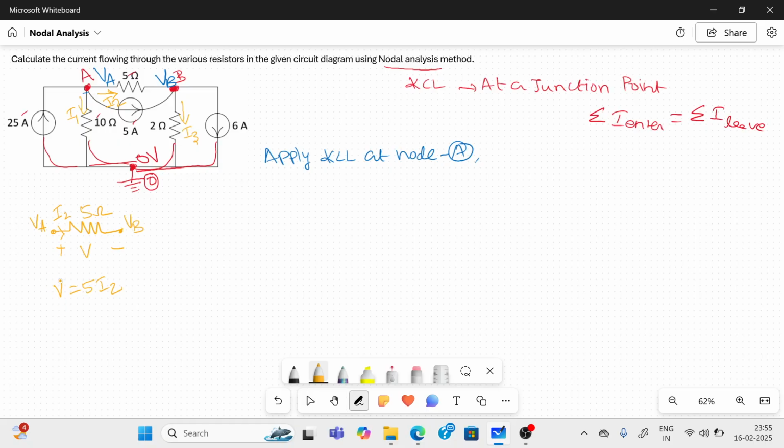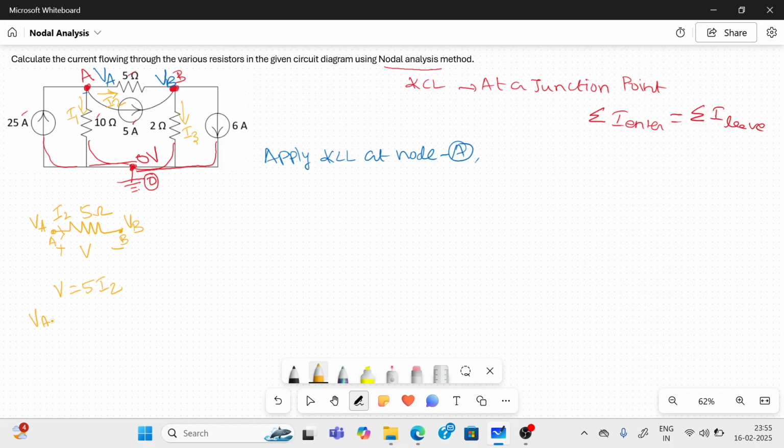What is V here? V is nothing but the potential difference between the two nodes. The node A potential is VA, node B potential is VB. This is node A, this is node B. I want to find out the voltage across AB, so take the potential difference.